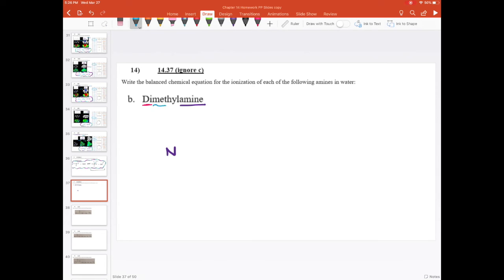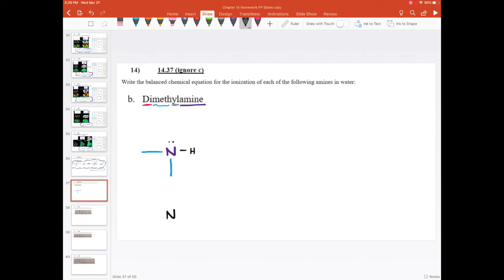How many carbons are in these branches? The prefix is meth, and that means that we have only 1 carbon in each branch. So that's 1 methyl group, and that's another methyl group. There you have dimethyl. Nitrogen always has 3 bonds, and so the third one is going to go to a hydrogen. And last but not least, we've got that lone pair at the top that makes it basic.